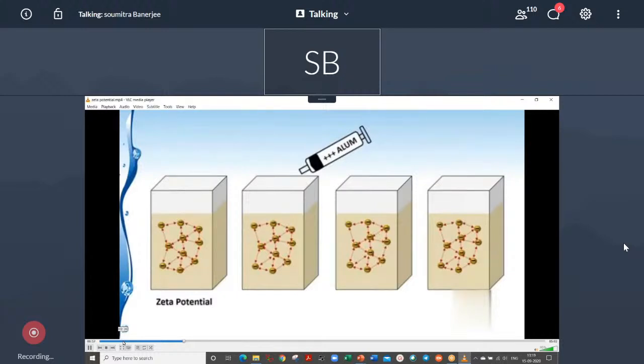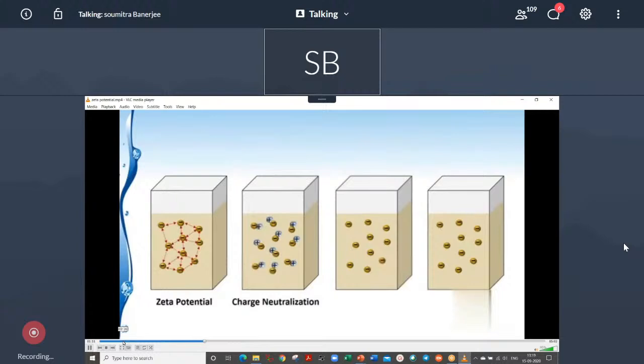So when we add the alum to one of these jars, we see that positive ions from the alum react with the negatively charged colloids, and that effectively neutralizes the charge. So we call that step charge neutralization. Now that takes 1 to 2 seconds to occur.